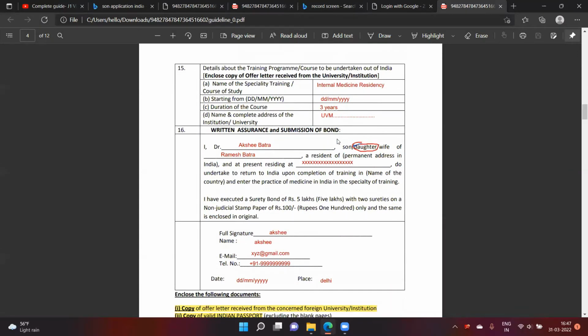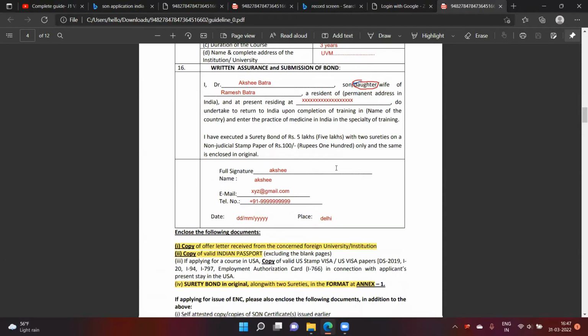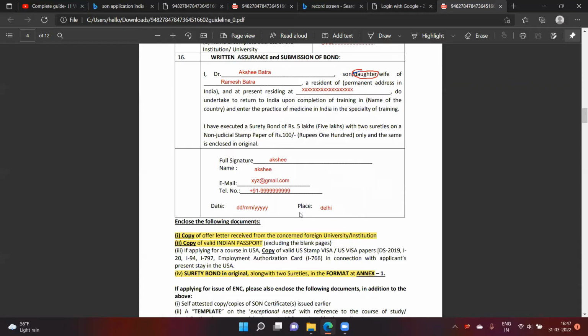Then the bond. So write your own name, son or daughter, wife, whichever you want to choose, of. I chose daughter of Dr. Ramesh Patra, my daddy, and then permanent address of India residing at, which should be the same as your passport. Okay, the address should be the same as your passport, and then your signature, your name, email, telephone, date, place.